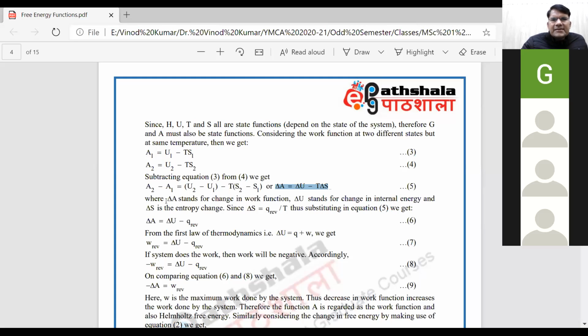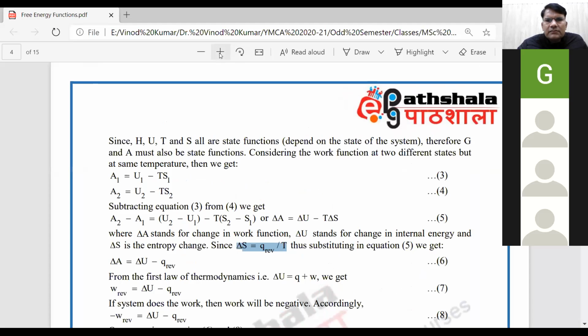So delta A stands for change in work function, delta U stands for change in internal energy, and delta S stands for change in entropy of the system. Now, from the second law of thermodynamics, what is the mathematical definition? Change in entropy, delta S, is equal to the amount of heat absorbed isothermally and reversibly divided by the absolute temperature at which the heat is absorbed.